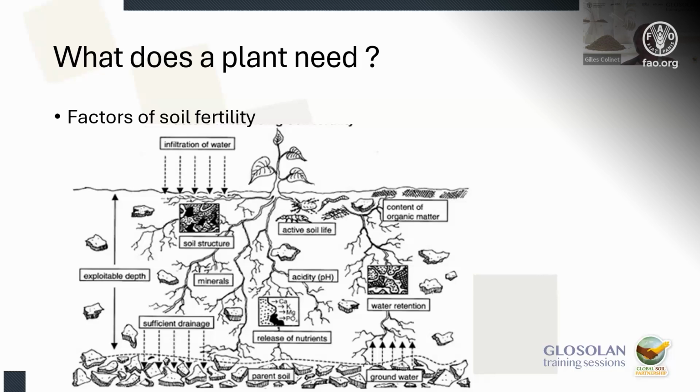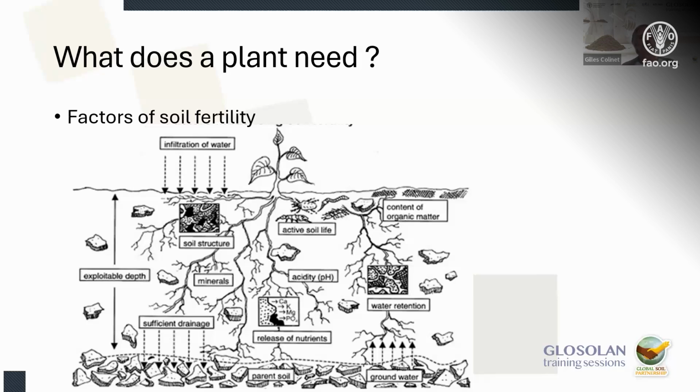And of course, the volume of soil that is available for the root development and the soil structure will all determine the quantity of water that can be prospected and used by the plant.